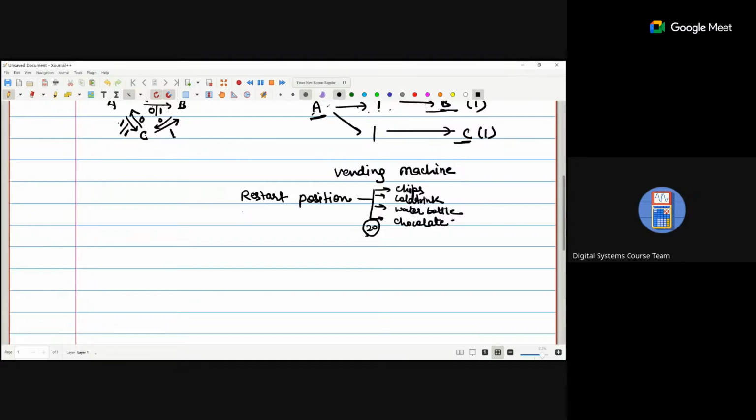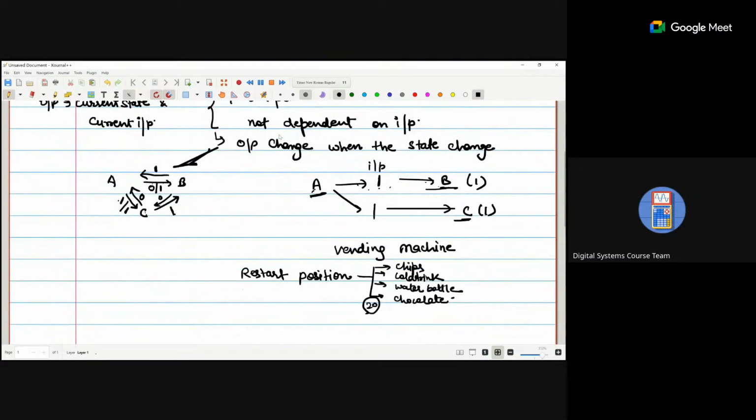If the machine is not asking what you want, it is confusing which of the chips, cold drink, water bottle, or chocolate it will give us. The similar situation is that if we provide the input 1, it is not possible that with the input 1 we go to the B state as well as the C state.